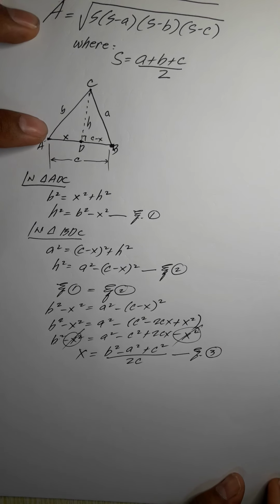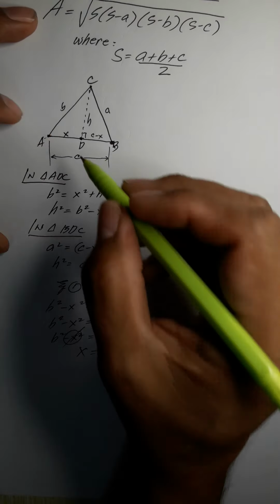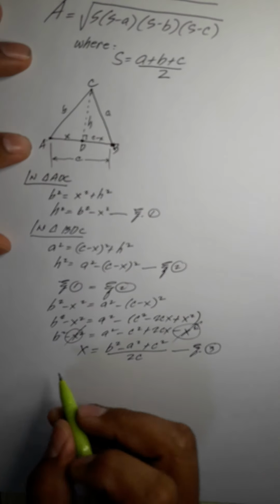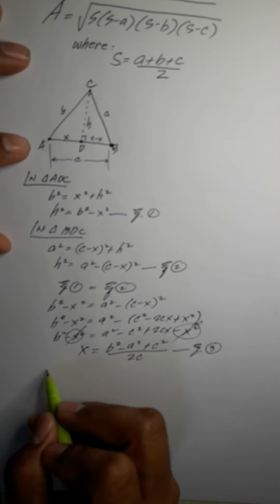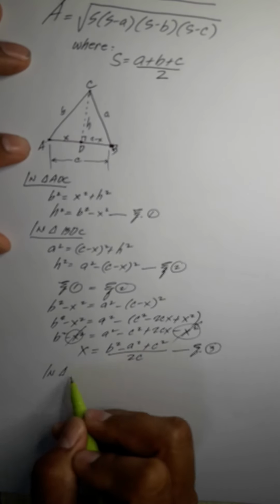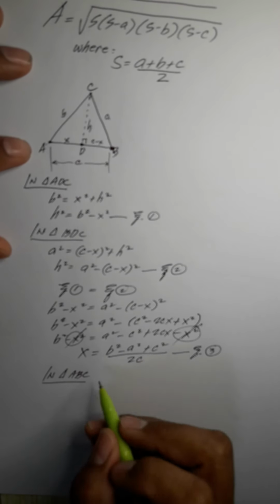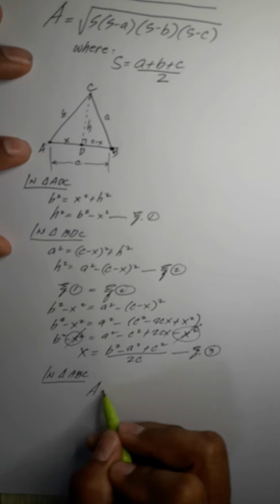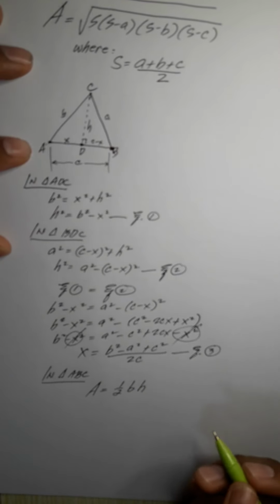Now in triangle ABC, we know that the area of the triangle is equal to 1/2 base times height.